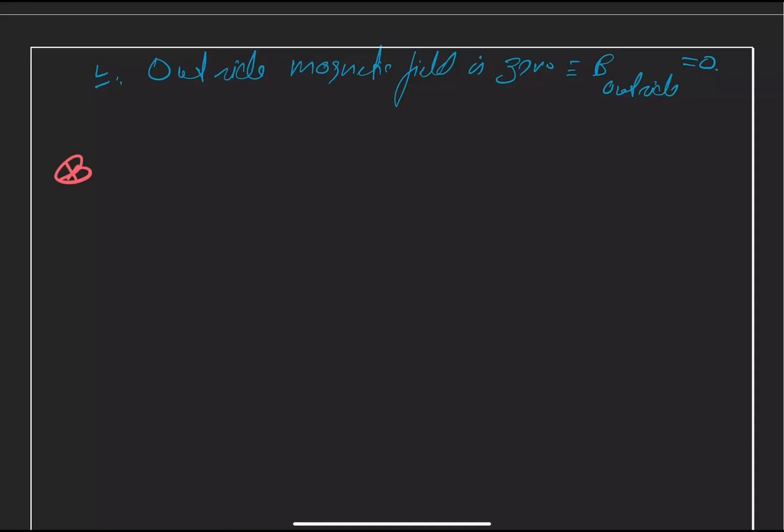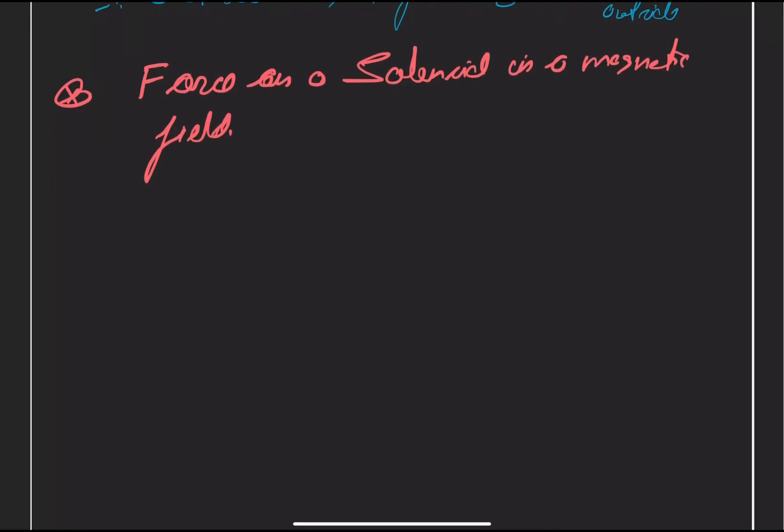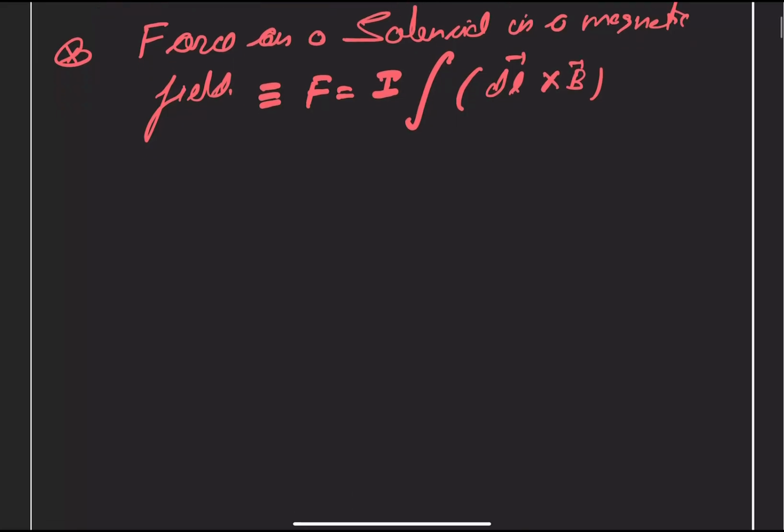So we can write that the force on a solenoid in a magnetic field is given as F equals I times the integration of dl cross B, where dl is the small length vector in the direction of the current.